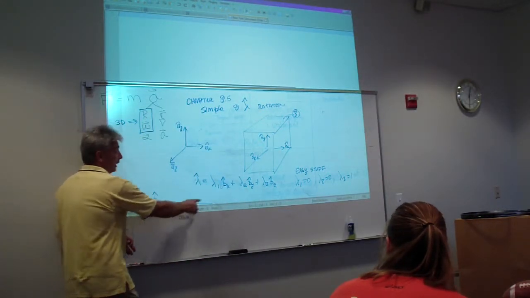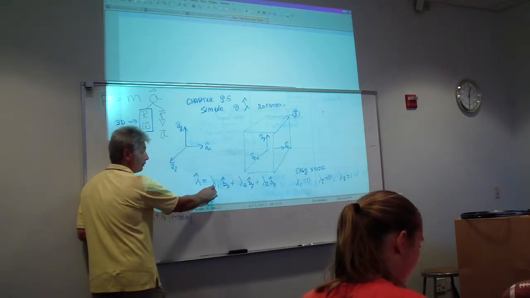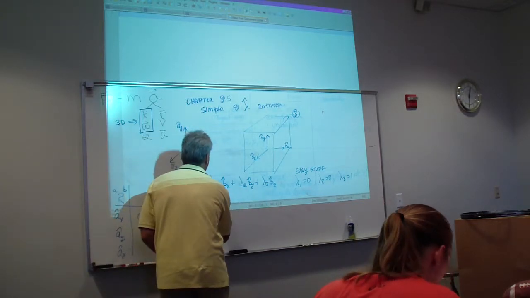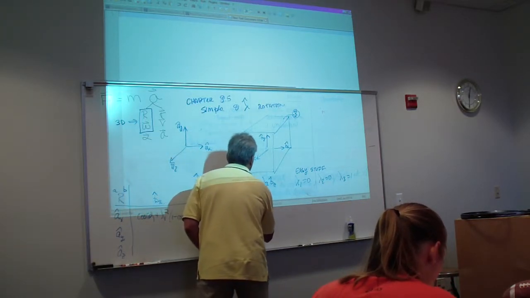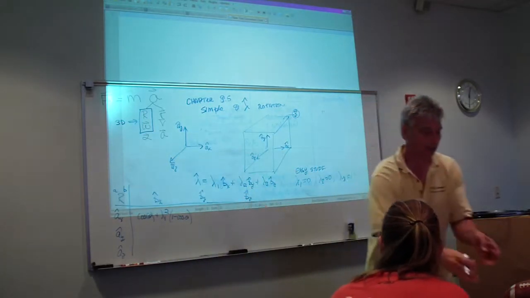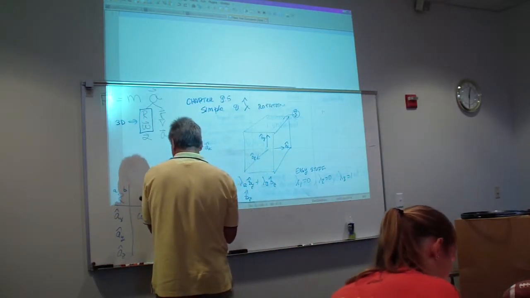rotate by. And for this case that we just did, this lambda 1 is square root of 2 over 2. This one's square root of 2 over 2. And that one's 0. So that's BX. There's BY. There's BZ. I'll just give you a few of the elements because the rest are in the book. And the book does, I think, a pretty good job of getting it.